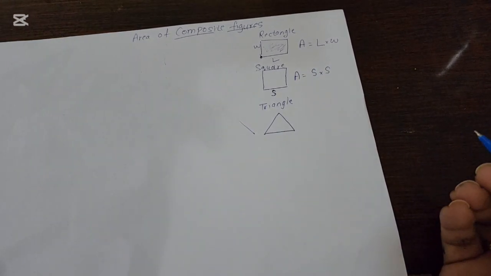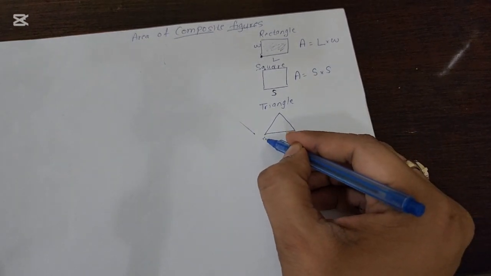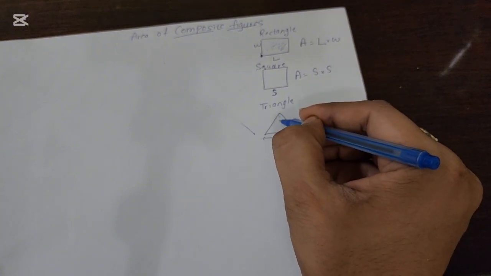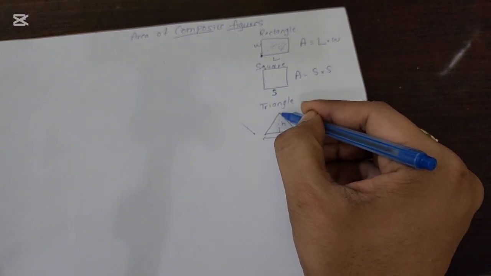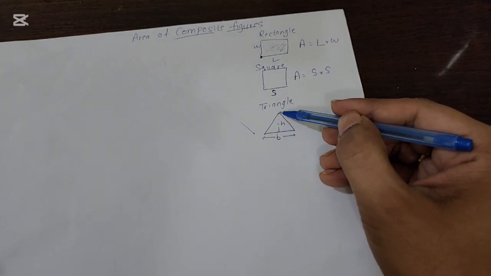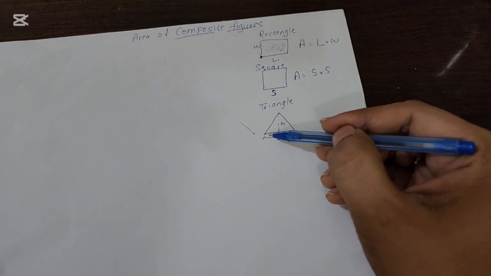So if you have a triangle, the formula to find its area will be base multiply the height. Okay, remember the straight line, the vertical line, see here. The vertical line tells you about the height. See this is the height, this is the base.